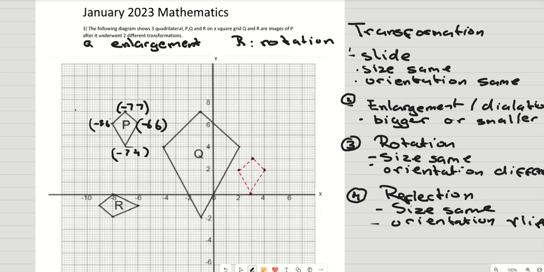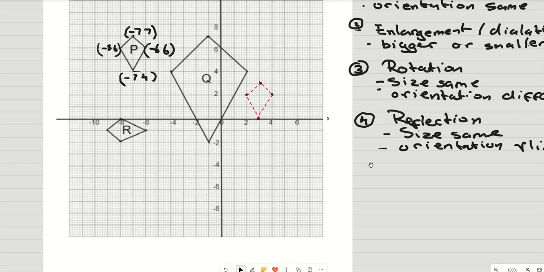You can get the coordinates of each of them, turn it into a column vector, and add that translation vector.